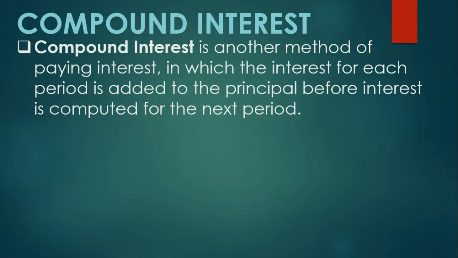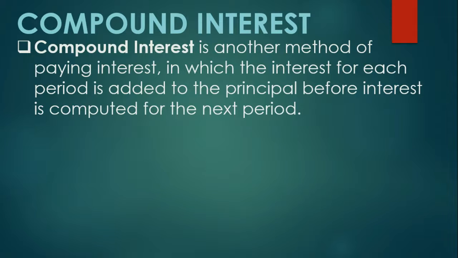Compound interest is another method of paying interest in which the interest for each period is added to the principal before interest is computed for the next period. So as compared to simple interest, all throughout the loan term or yung entire duration ng loan or ng investment, yung interest ay kinukompute lang sa principal.